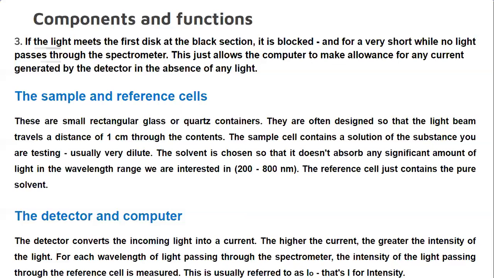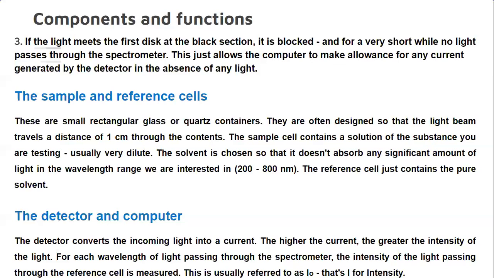For each wavelength of light passing through the spectrometer, the intensity of light passing through the reference is measured. This is usually referred to as I naught. So what happens?